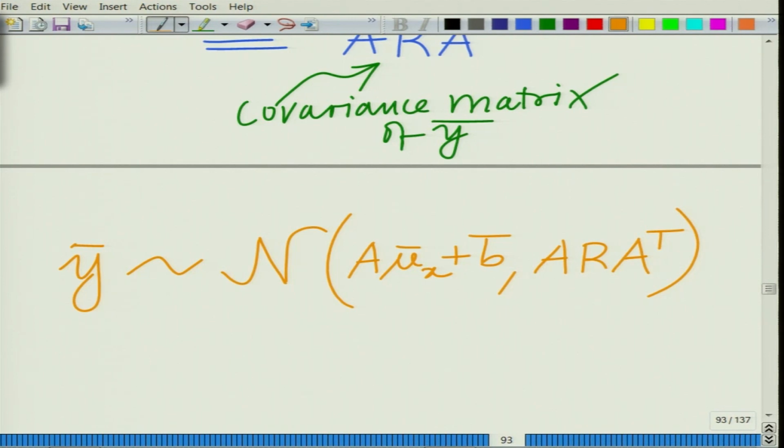This is the general result, right. So, this is basically your linearly transformed Gaussian random vector A x bar plus b bar remains a Gaussian. What is the mean of the resulting Gaussian vector? A mu bar x plus b bar. What is the covariance matrix? A R A transpose, because R is the covariance matrix of the vector x bar.